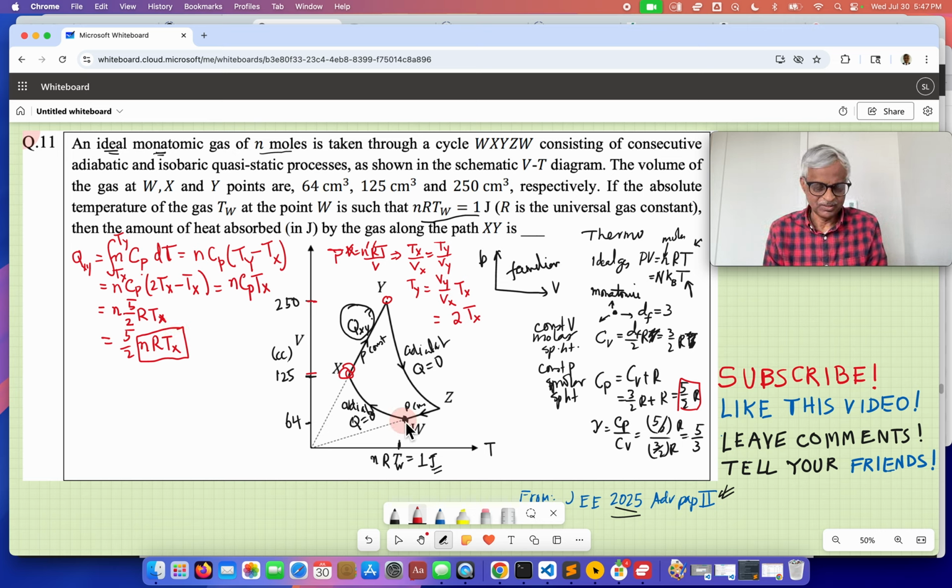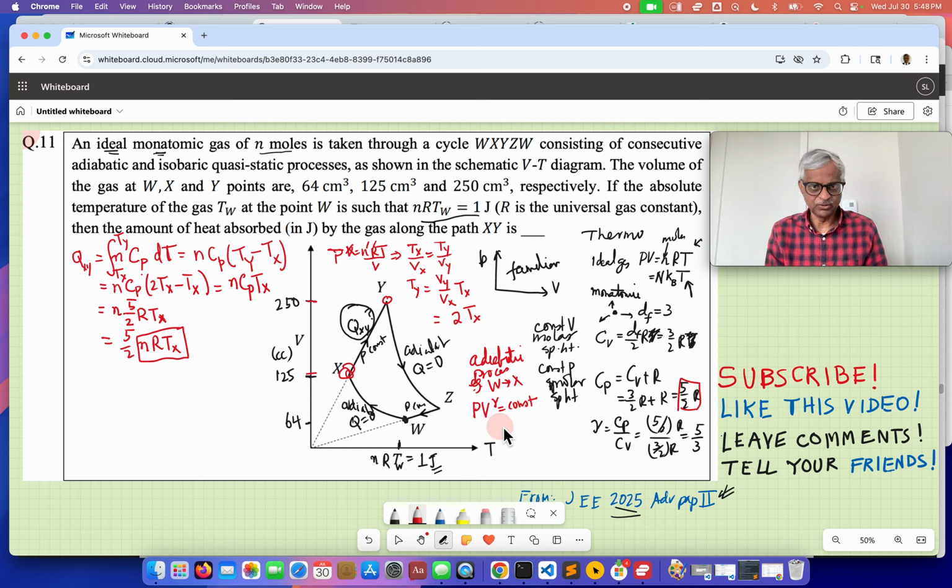All right, so this is adiabatic. What else you have to know in an adiabatic process, there's one more thing you should know in addition to these. In an adiabatic process, such as W to X, the points along this process are connected by PV to the gamma equals constant.